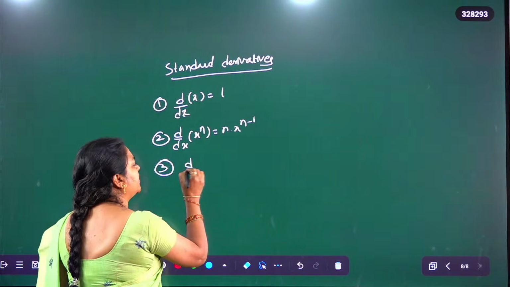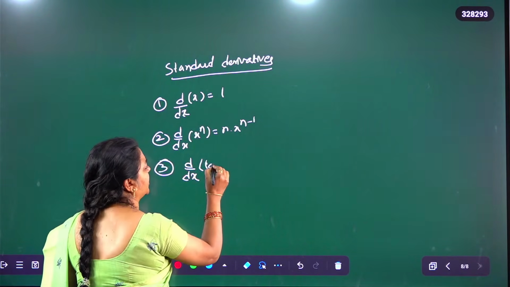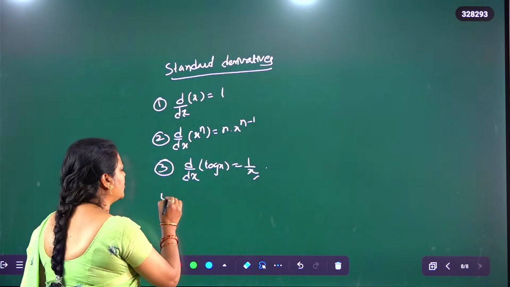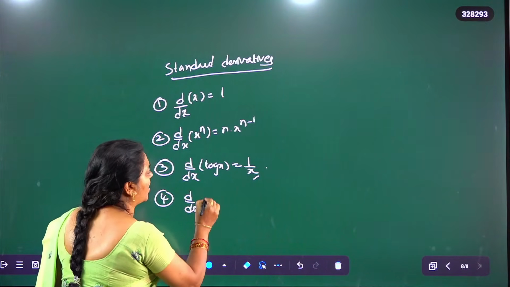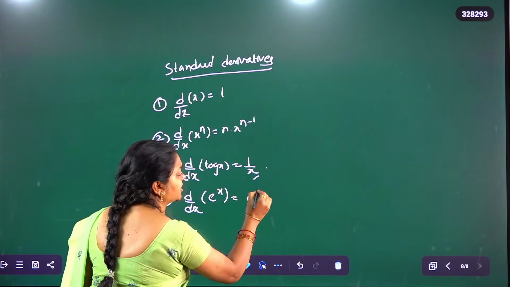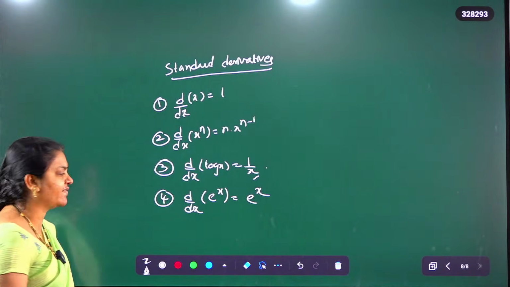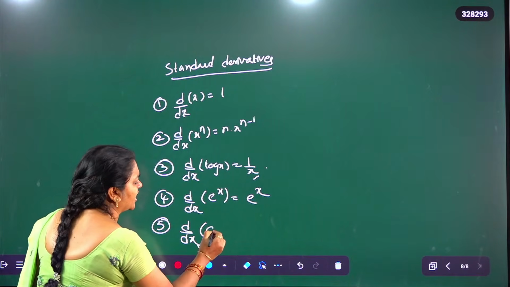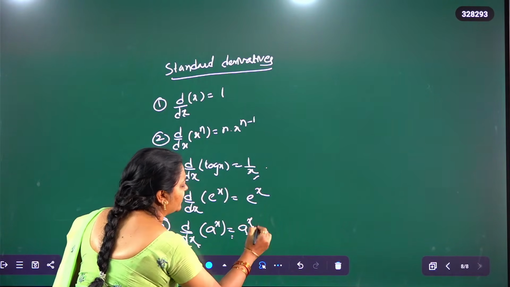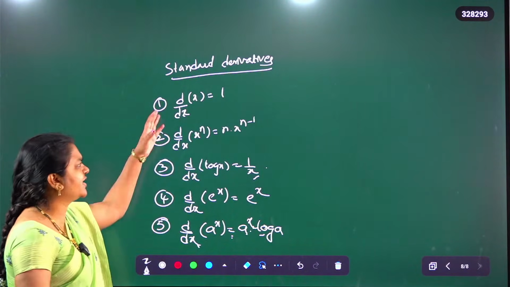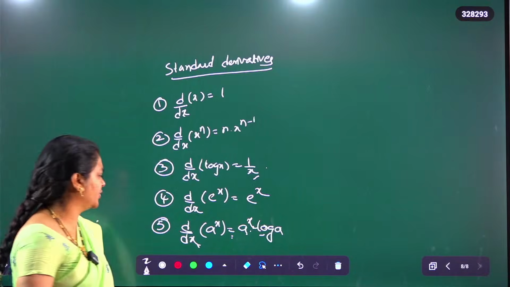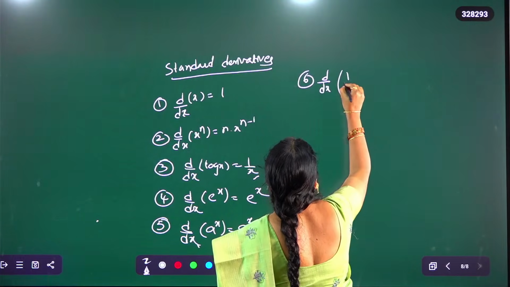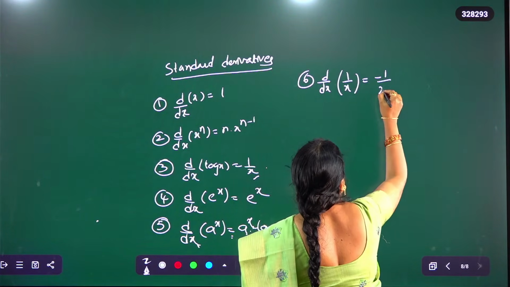Now d/dx of log x = 1/x. And one more formula, d/dx of e^x = e^x, which we just completed by using the first principle. And d/dx of a^x = a^x log a. These can all be obtained by using the first principle. Next, d/dx of 1/x = -1/x².